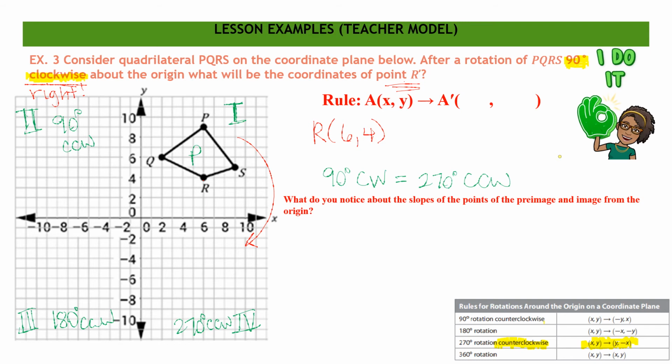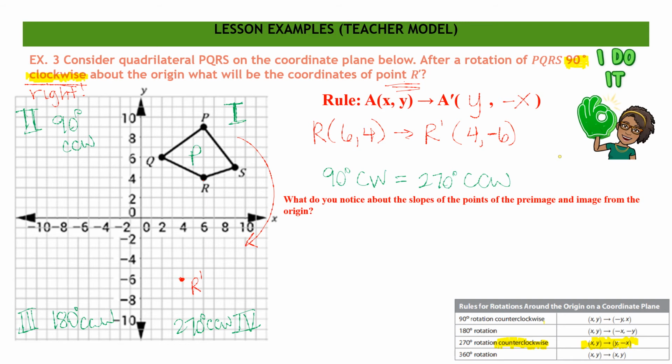And that rule tells us that we switch and we take the opposite of the x. So if I am only looking at point R prime, it tells me I switch them, so I have 4, 6, but I take my x and I make the opposite sign. So that means 4, negative 6 would be down here in this area. And that would be my R prime.